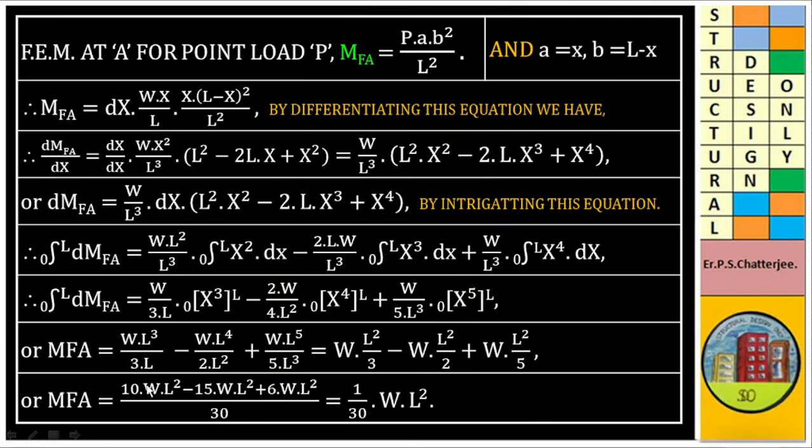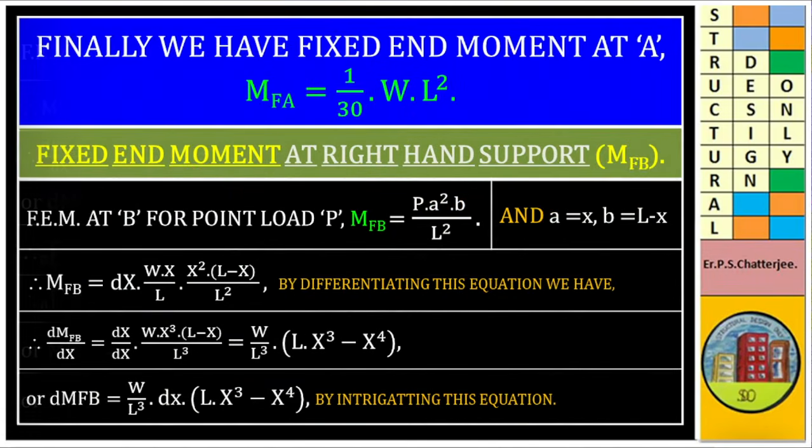MFA is equal to (10 W L square minus 15 W L square plus 6 W L square) divided by 30, which is equal to 1 by 30 W L square. Finally, we have fixed end moment at A, that is left hand support, MFA is equal to 1 by 30 W L square.